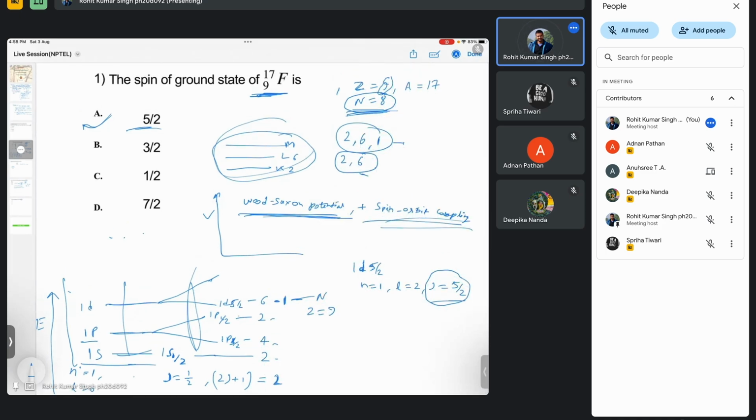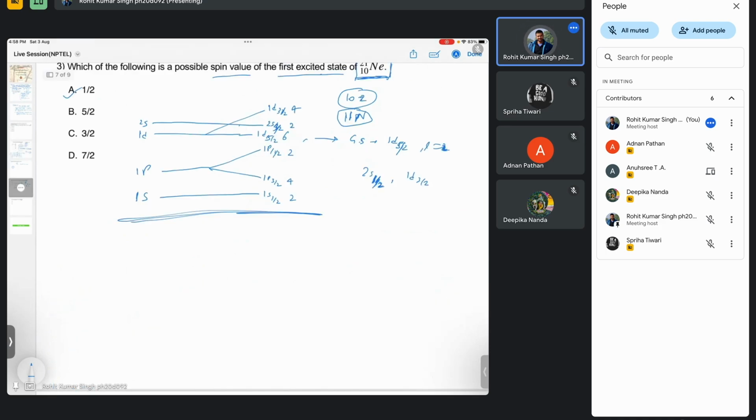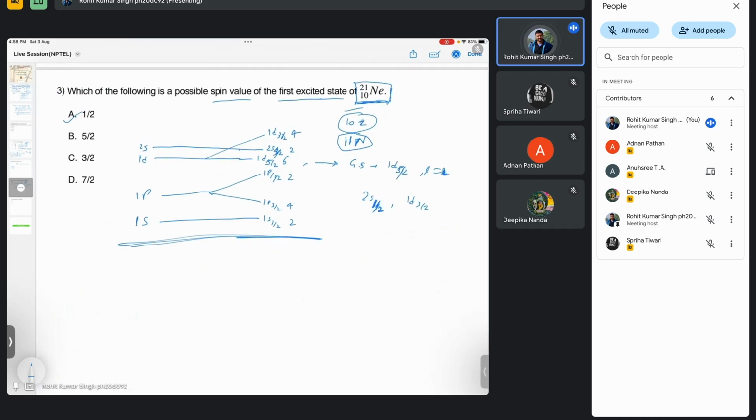I'm not a nuclear physics expert, but this model has many exceptions. Like what happens here, instead of going to 2s half, it goes somewhere else and something happens. It has some flaws. It's not perfect. I don't remember exactly.